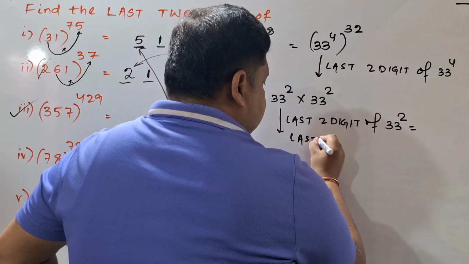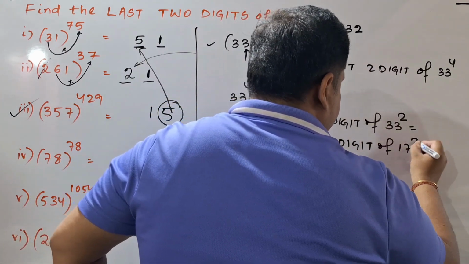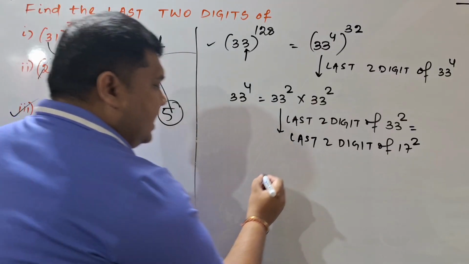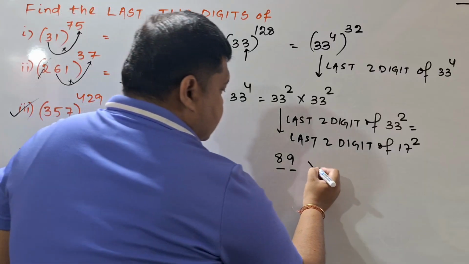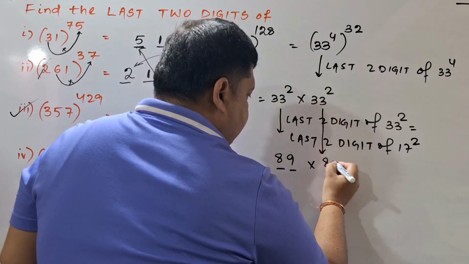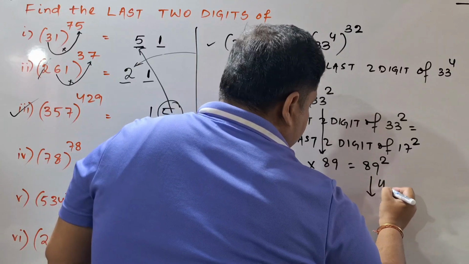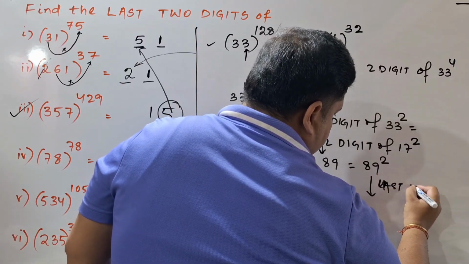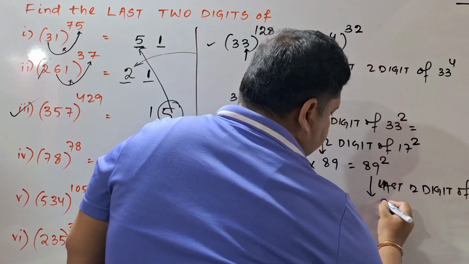So I can write that the last two digits of 33 square are the same as the last two digits of 17 square. You know 17 square is how much? 289. So write 89 here because I am going to write only the last two digits. Similarly here also 89. Now this is 89 square. What are the last two digits of 89 square?